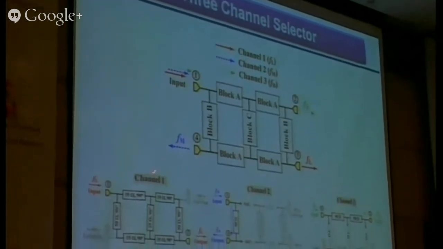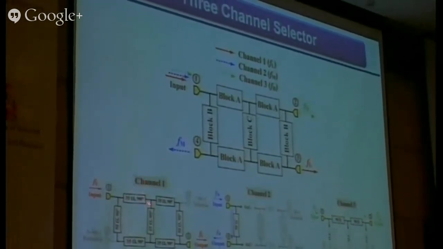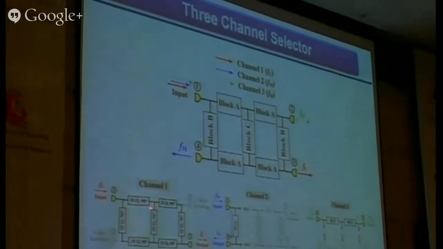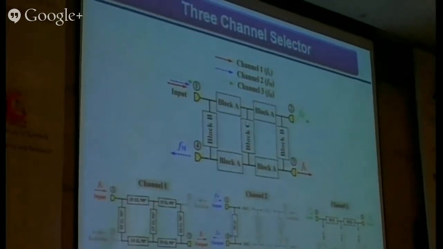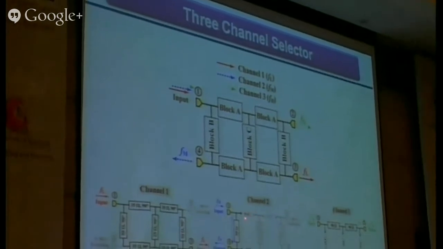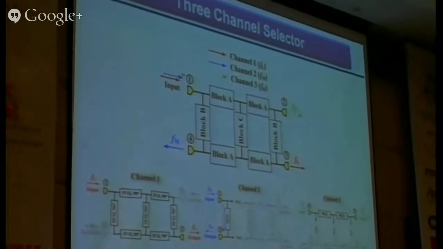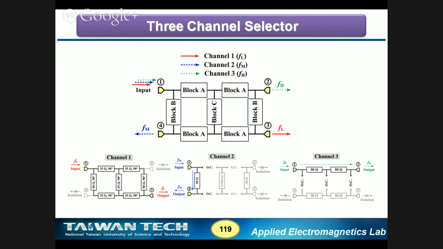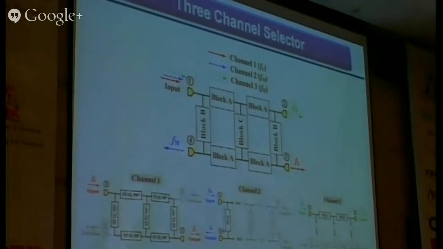Now think about the case for this line. In the low band, it must be a 35 ohm line with 90 degree phase delay. But in the mid band, it must be open circuit. And in the high band, the characteristic impedance must be 50 ohm. So we have 3 different kinds of conditions.